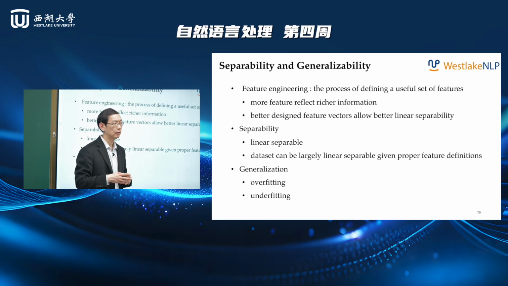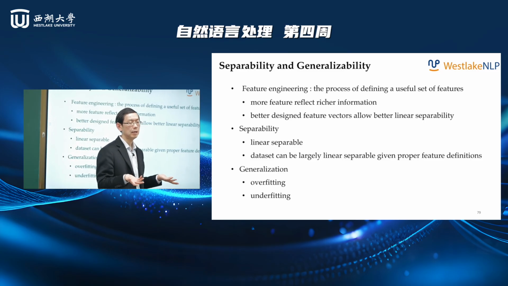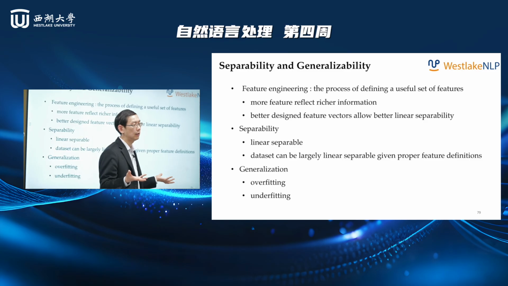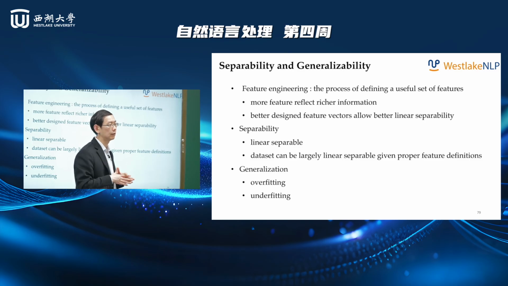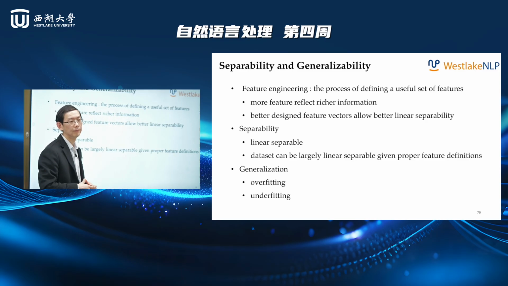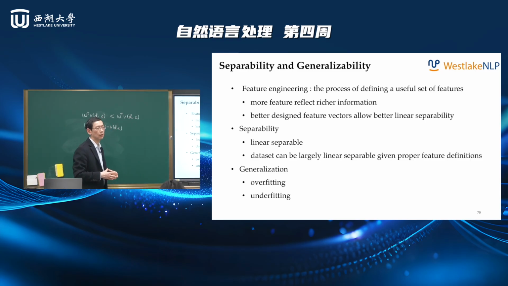On the other hand, if your feature representation is not expressive, you cannot fit all your training points. This is called underfitting. So now you understand why people do feature engineering, right? You want neither overfitting nor underfitting, so you want to tweak your features to suit your model.